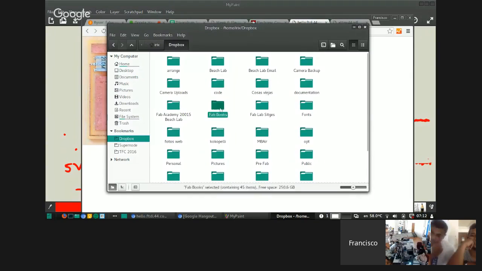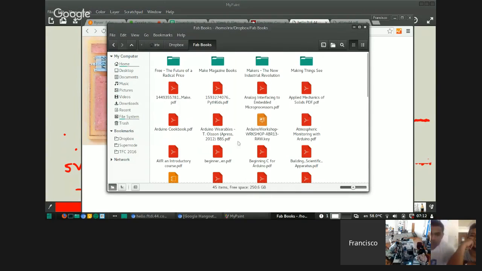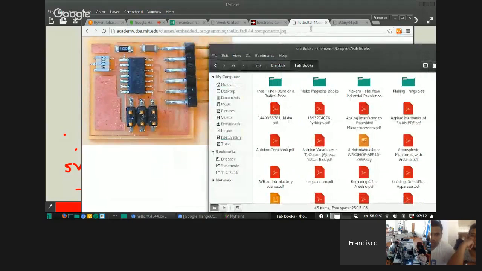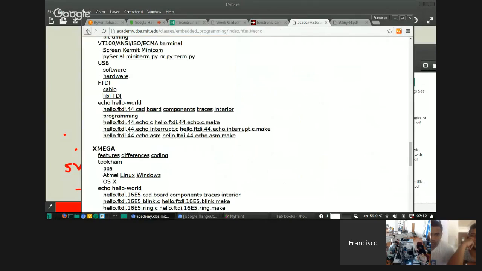Say, Frank, can you just open the schematic, the circuit diagram for that FTDI board, Hello World board? There is a circuit diagram, the one shared in the archive, Hello FTDI 44.png. You mean the Cocopelli file?